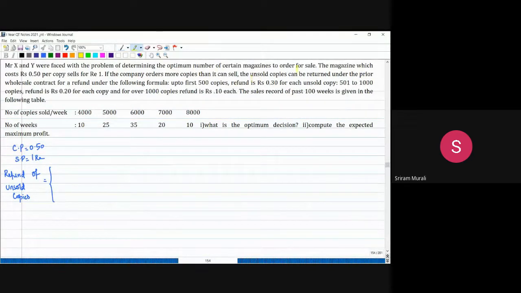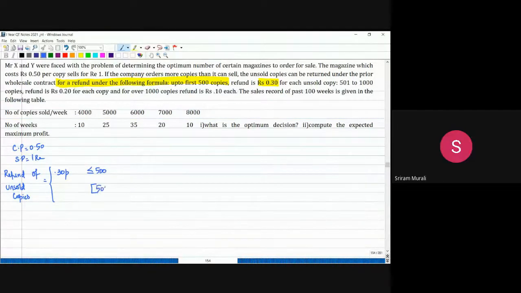Unsold copies can be returned under the prior wholesale contract for a refund under up to 500 copies. Up to 500 copies, what is the refund status? Up to 500 means maximum 500. What is the resale value? 30 paise. Have you understood this? Yes, sir.